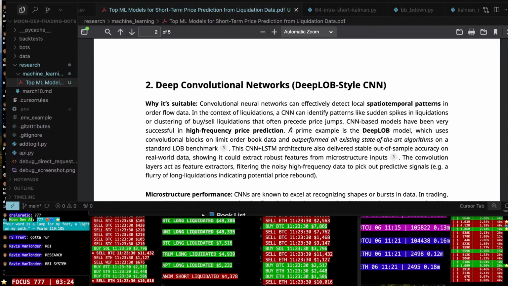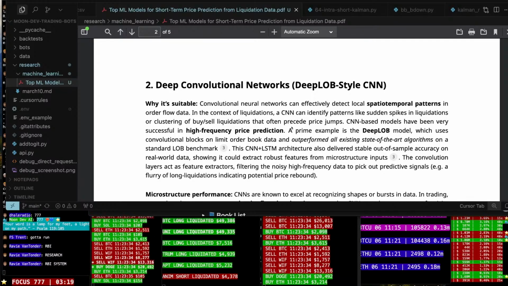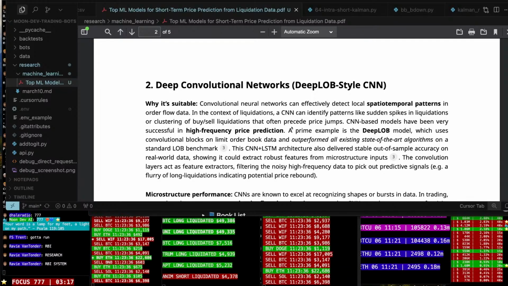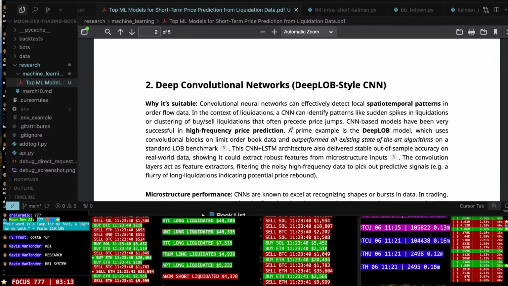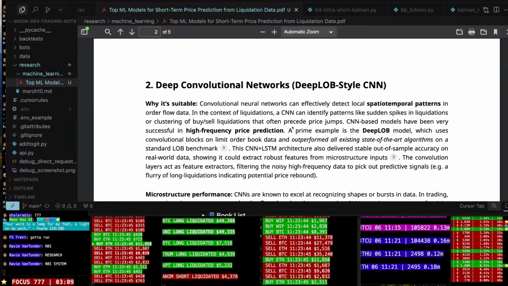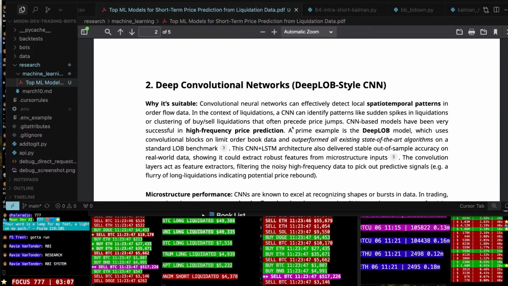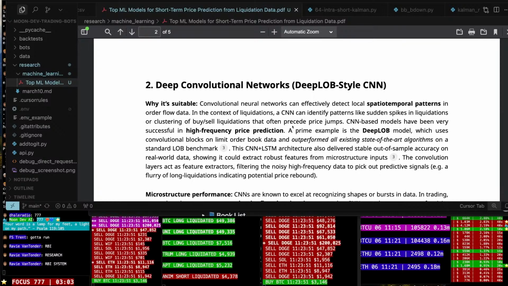CNN-based models have been very successful in high-frequency price prediction. A prime example is the DeepLOB model, which uses convolutional blocks on limit order book data and outperformed all existing state-of-the-art algorithms on the standard LOB benchmark.